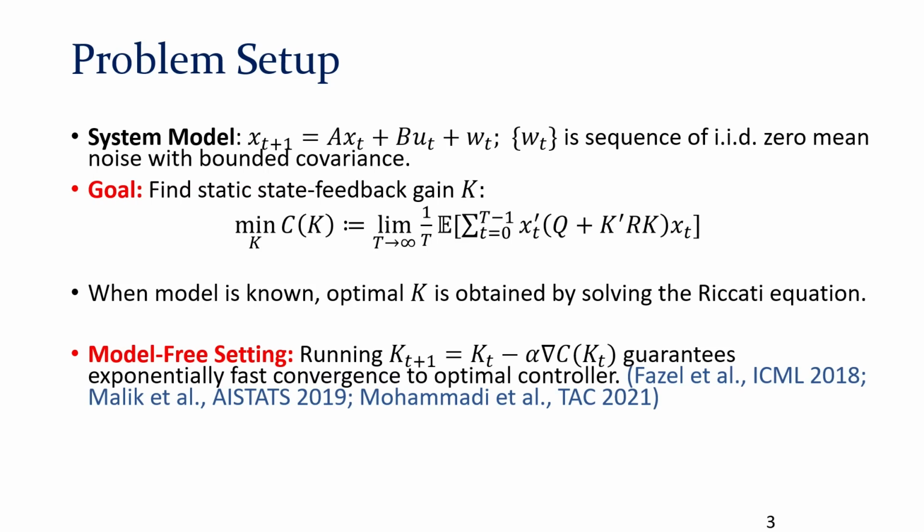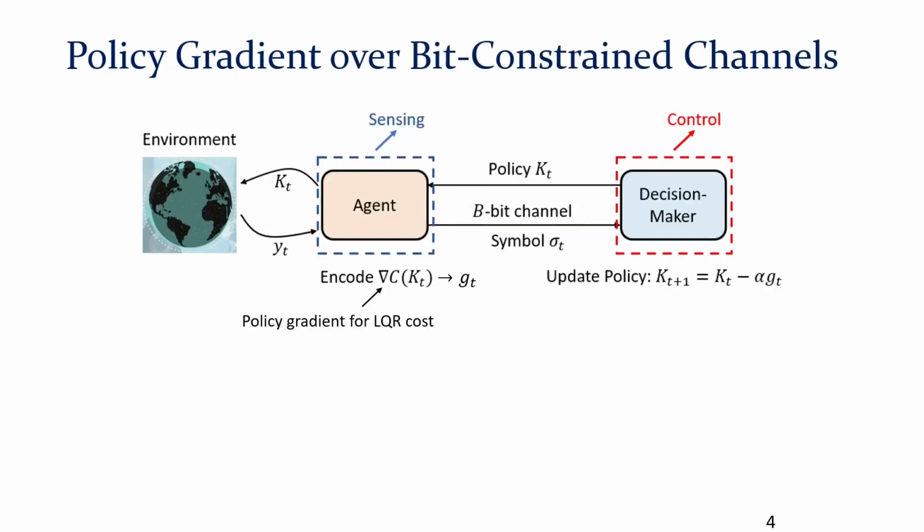So you can think of this as a model-free reinforcement learning approach to the LQR problem. Now, our specific interest in this work is to understand the robustness of this problem in the face of information or communication constraints. To examine this, we're going to think of a somewhat stylized setting where, once again, you have an agent and a decision maker separated by a B-bit channel. At each time step, this decision maker is going to send down the current policy to the agent.